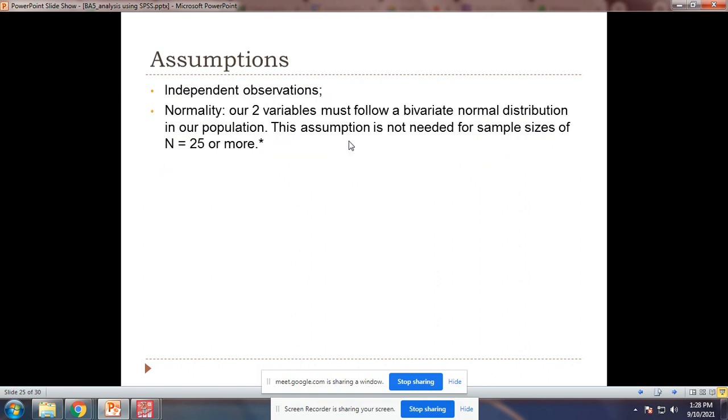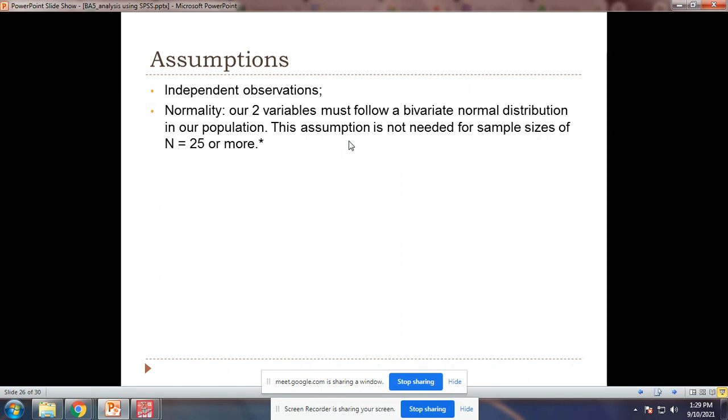There are two assumptions that you need to keep in mind. That is, all the observations are independent observations. That means they are not dependent on any other observation. Each and every observation has to be independent of each other.